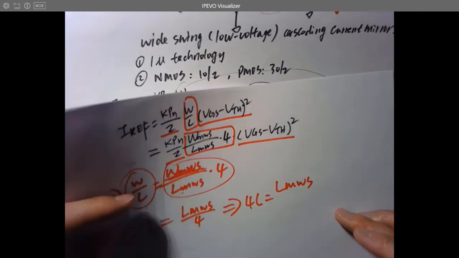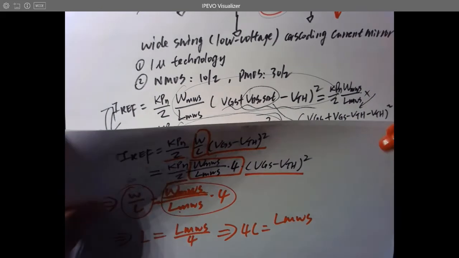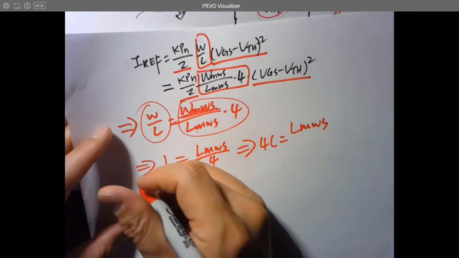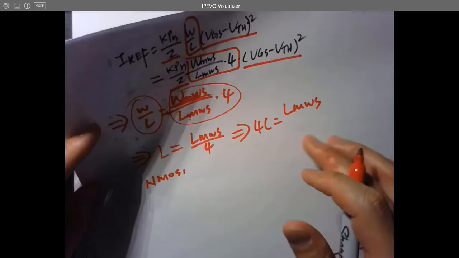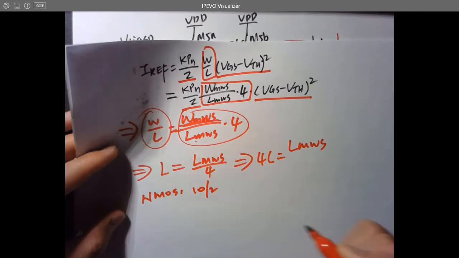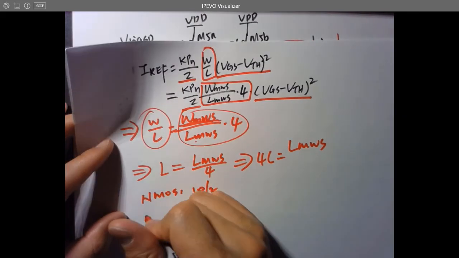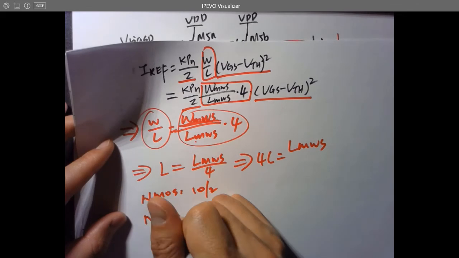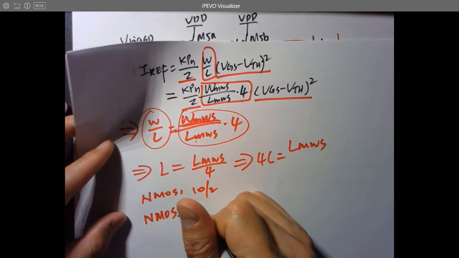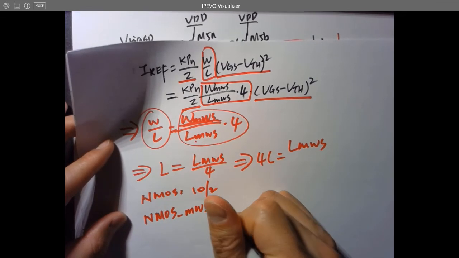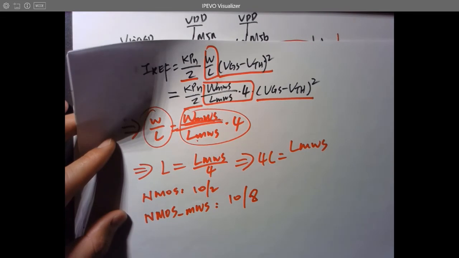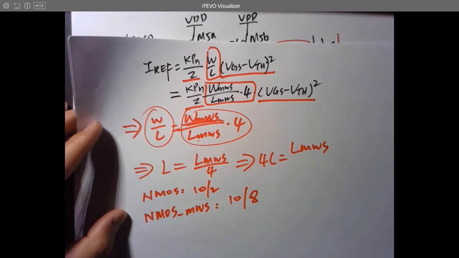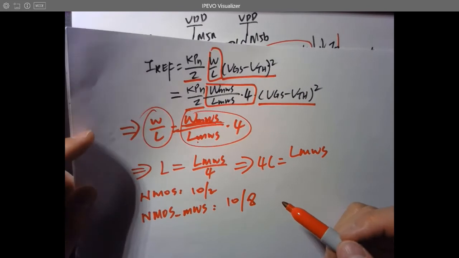All right. So the original NMOS transistors, remember, they are NMOS for the rest of the circuit. All these NMOS are 10 over 2. So the NMOS wide swing will be 10 over 8. This is how they design the circuit to make it work.